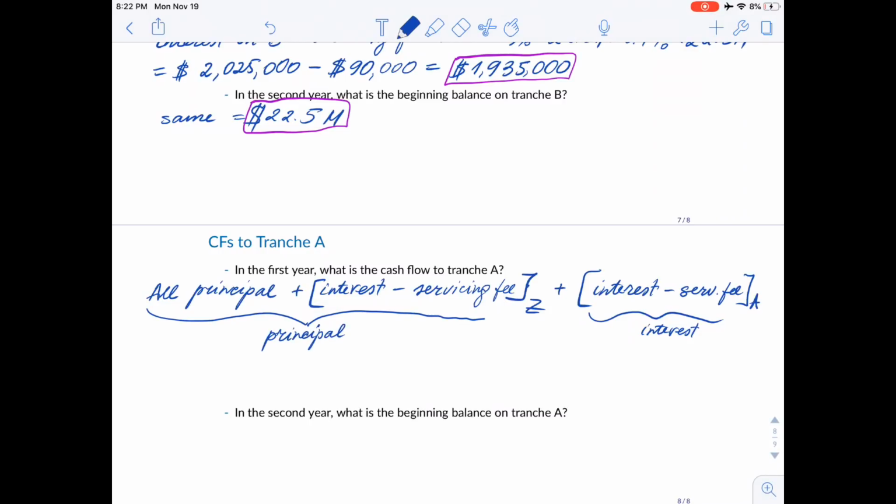So all of the principal payments go towards repaying the principal on A first, but also the interest minus servicing fee on the Z tranche goes towards repaying the principal on tranche A. So let's compute what that is.